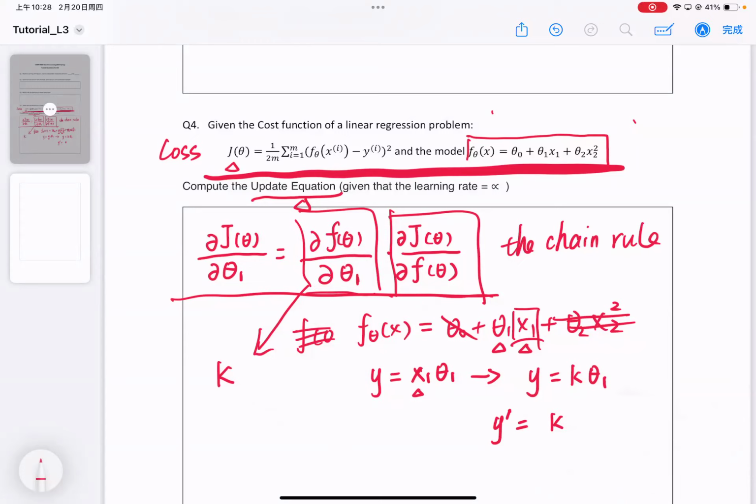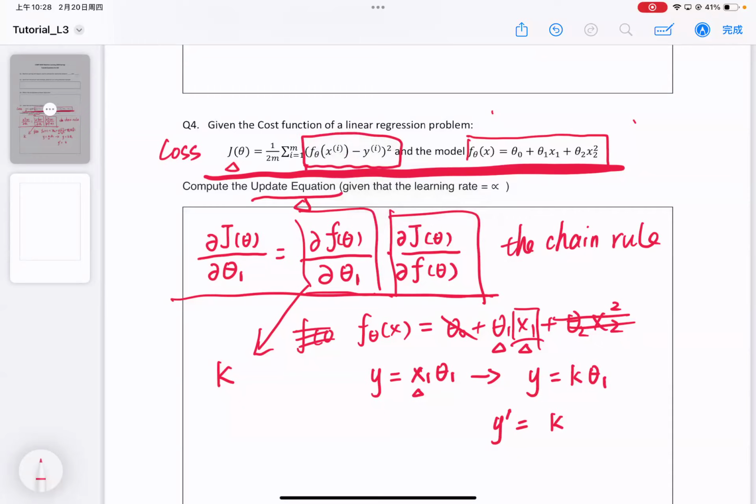And then what's the partial derivative of this part?